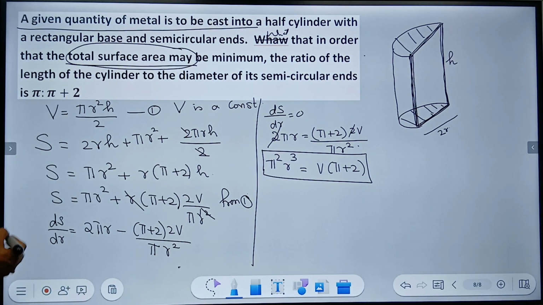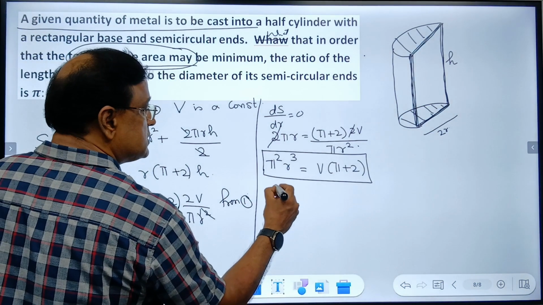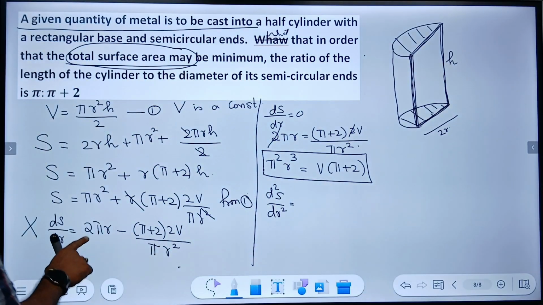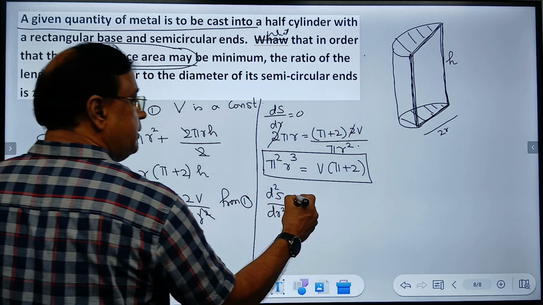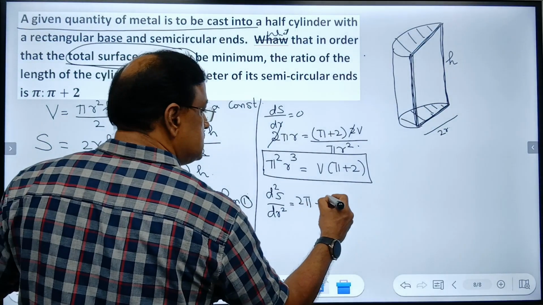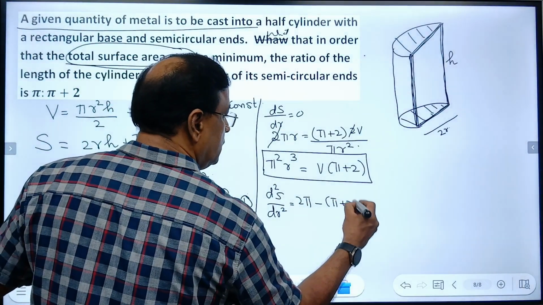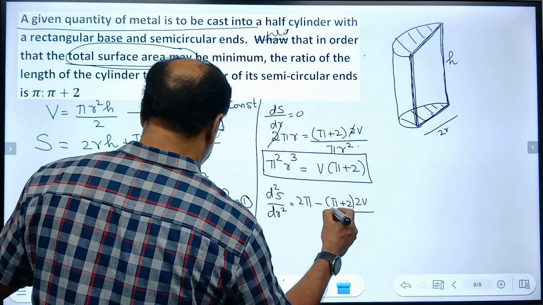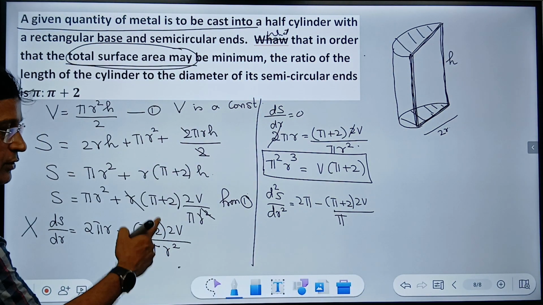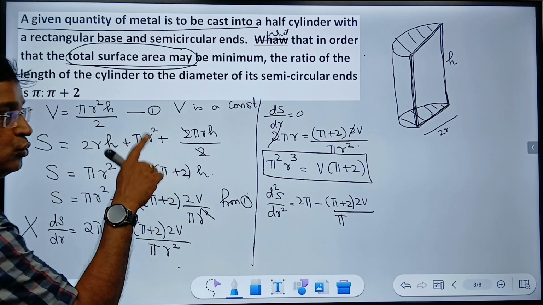Now what do you do to check whether it's minimum or not? I want to take the second derivative, d square s by dr square. What is that? 2 pi r differentiation will be 2 pi, and this will be minus pi plus 2 into 2v by pi. 1 by r square differentiation will be minus 2 by r cube.